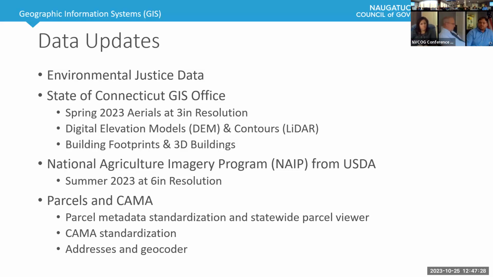And they should also be creating a geocoder, which will be available to everybody. So if you have a list of addresses, you can use that geocoder, and they're sourcing it from the parcels and CT 911 roads. They're still perfecting that.